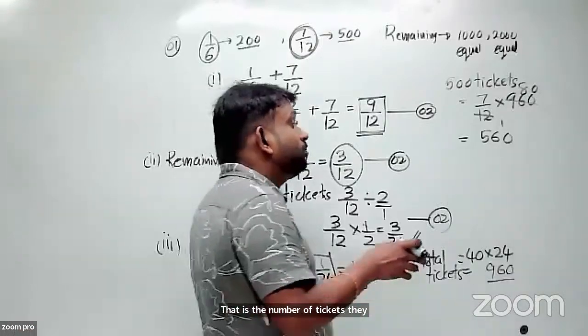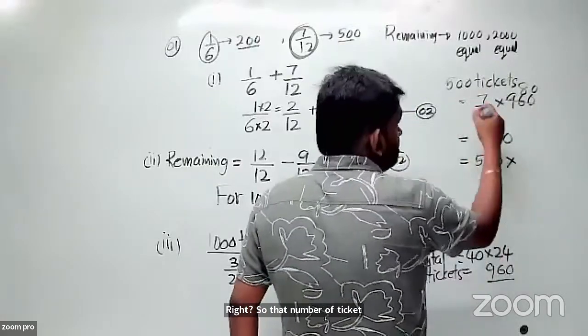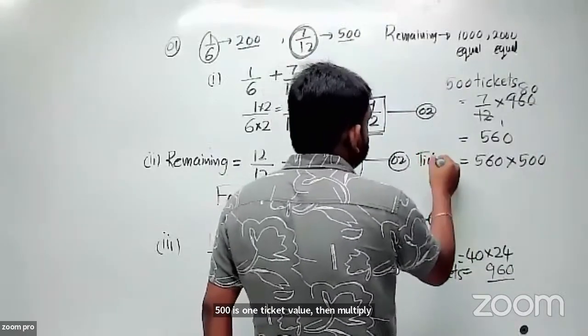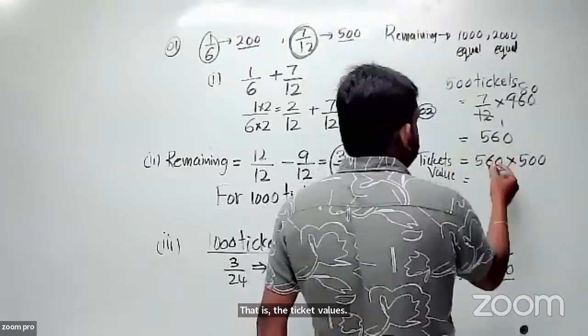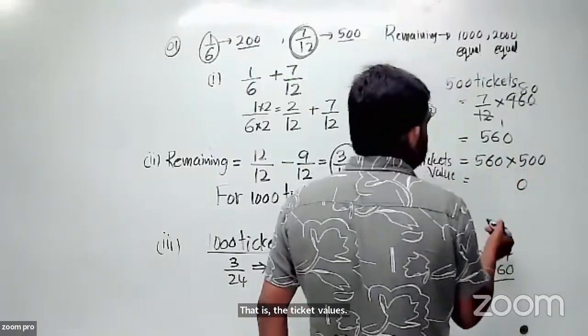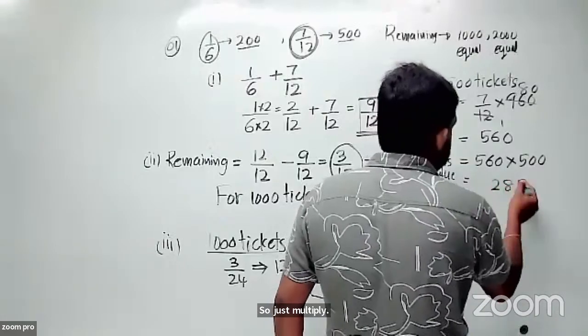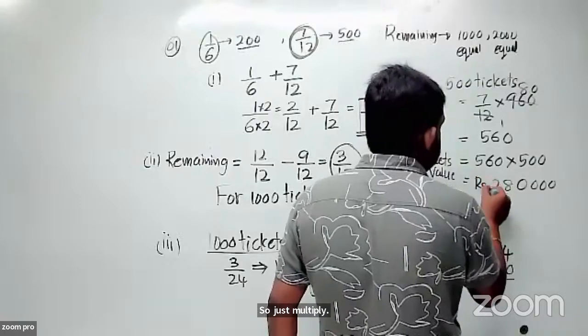So that number of tickets is 560, and such a 500 ticket has a value of 500, so multiply with 500. That is the ticket value. Just multiply: rupees 280,000.